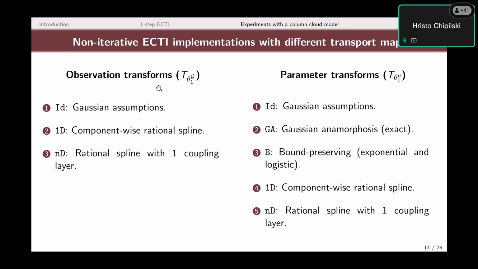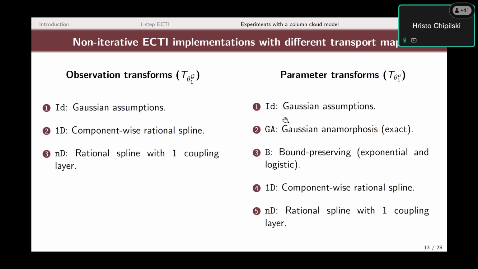We have 15 configurations in total, which can be divided according to the observation transforms and the parameter transforms. On the left, we have the reference configuration with Gaussian assumptions. And then in 2 and 3, we have two configurations with learnable transport maps, which are parameterized using rational spline functions, either component-wise for each marginal or in a multivariate fashion using coupling layers in a normalizing flow architecture.